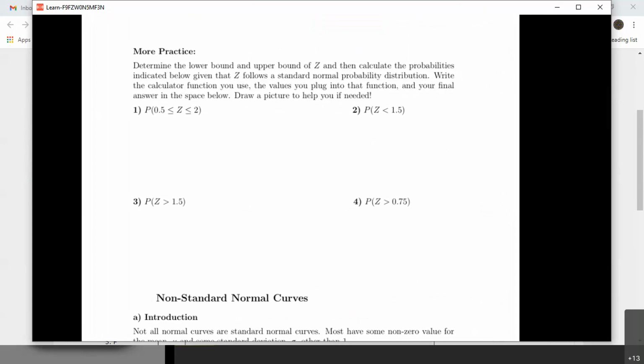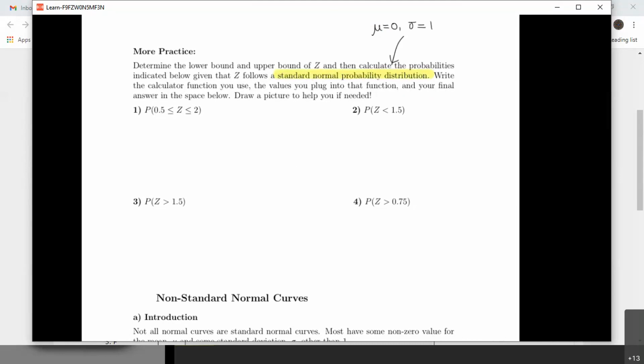So again, we're going to calculate these z-scores and normal probabilities with calculators. These are telling you standard normal probability distribution, which means a mean of 0 and a standard deviation of 1.